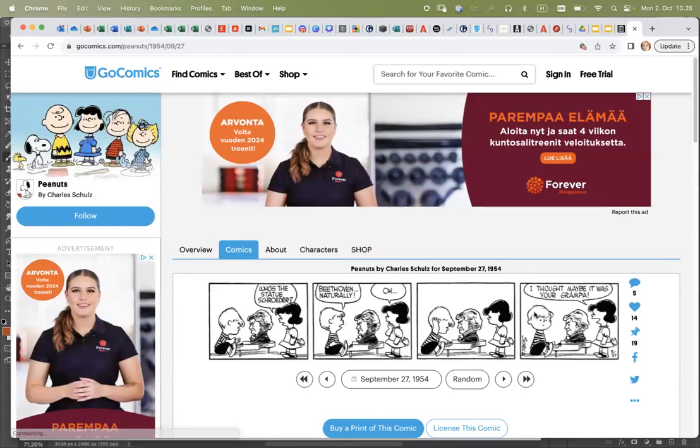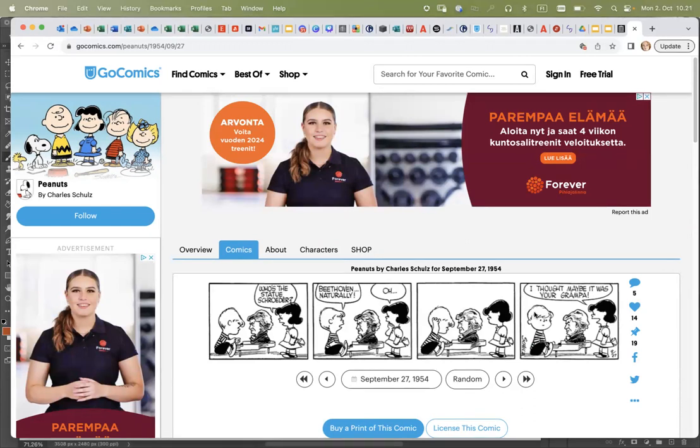Okay, and so I'm just taking random strips here, and they all are actually reflecting the basic premise of the series that went on for over 50 years.